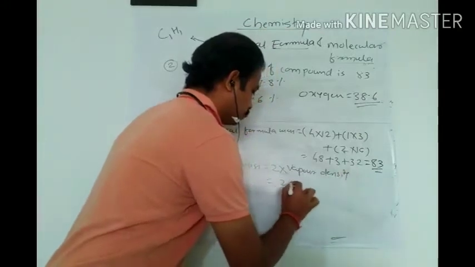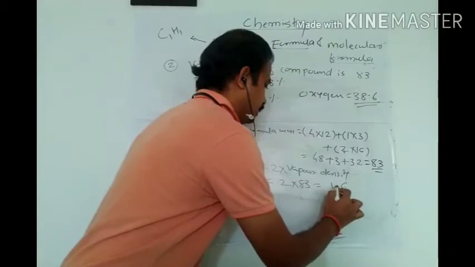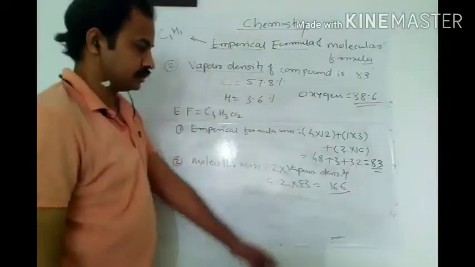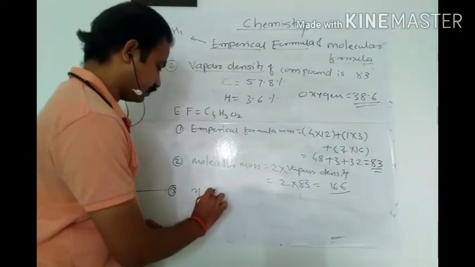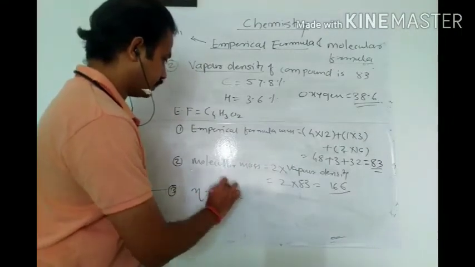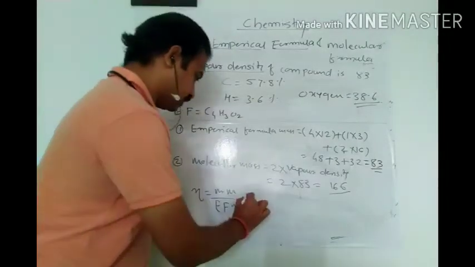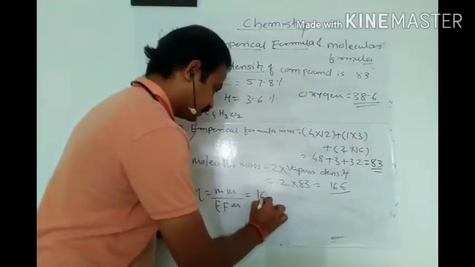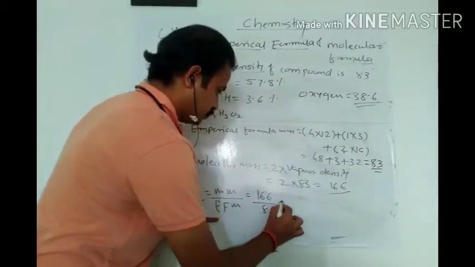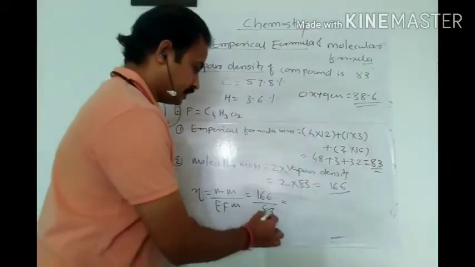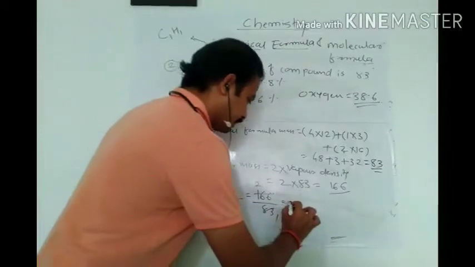So it becomes 2 into 83, which is 166. Now the third step is to calculate the index n equal to molecular mass divided by empirical formula mass. The molecular mass is 166, the empirical formula mass is 83. It is very simple. 83 into 2 is 166. So I will get the index as 2.